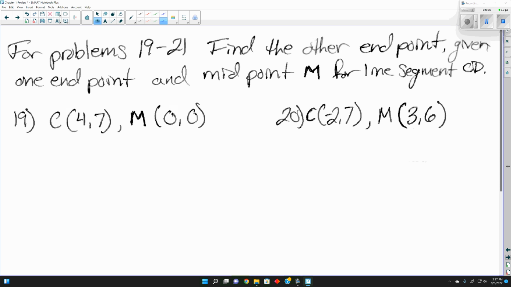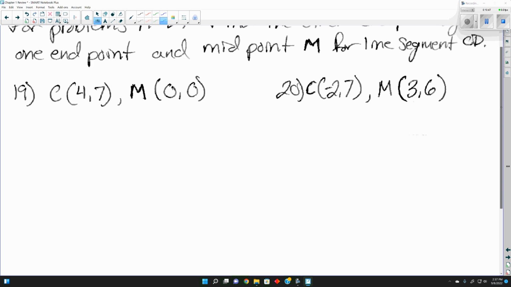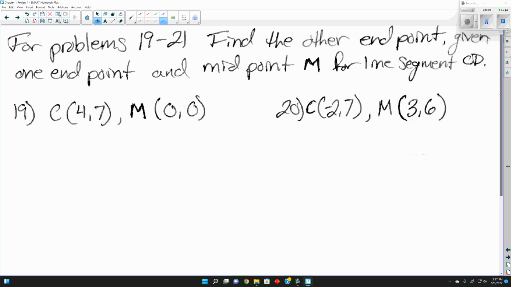19 and 21. It's using the same formula, but this time they give us the midpoint and an endpoint, and we want to find the other endpoint. I will do 20. We'll look at 20. Now, according to the formula, we add the two endpoints' x values together, divide by 2, and we get the x value of the midpoint.